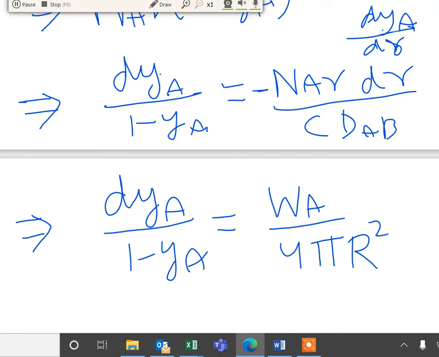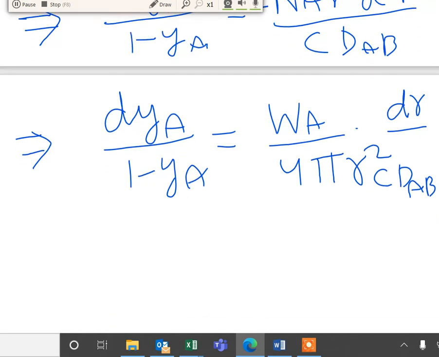Sorry, this R is constant. The variable r is small r, right? dr, and C DAB is constant here.